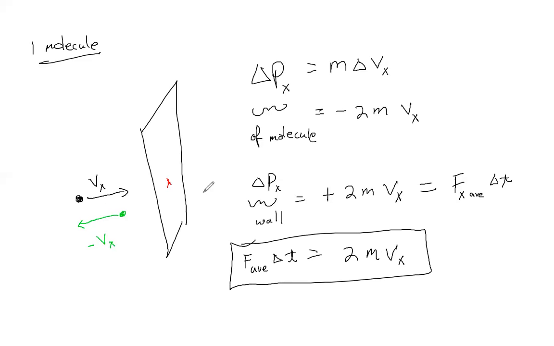I should also note, in order for the particle to even have a chance to hit the wall, it had to be moving to the right. So that's implicit in this discussion.